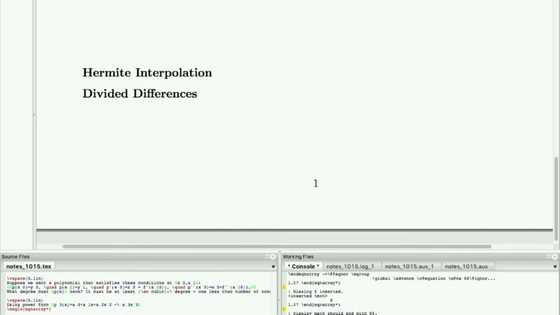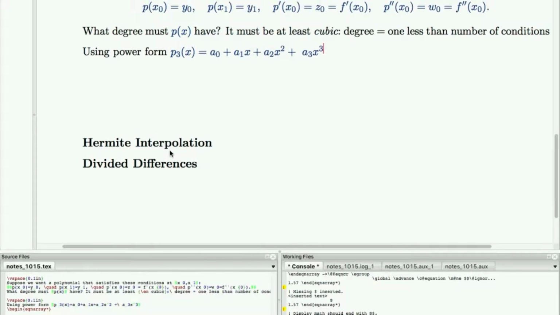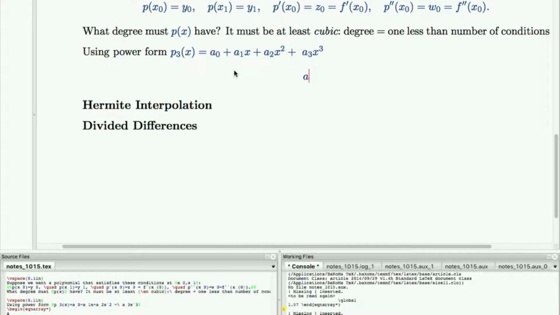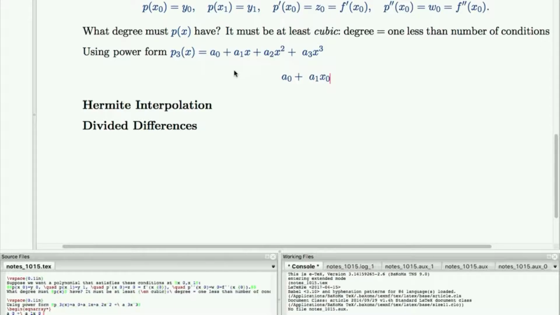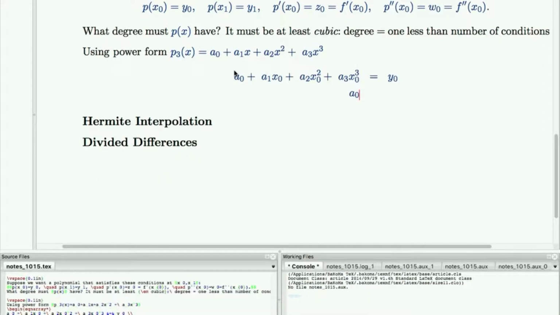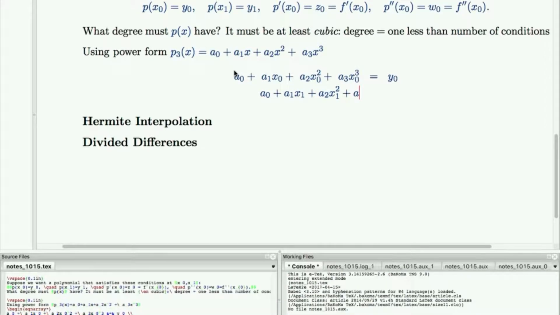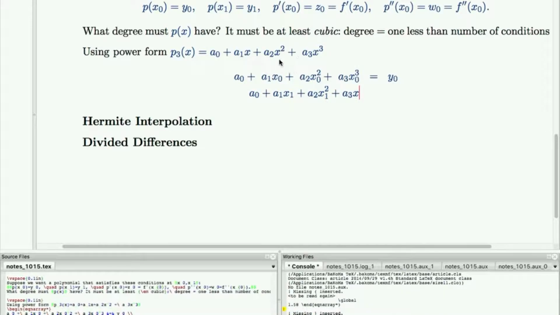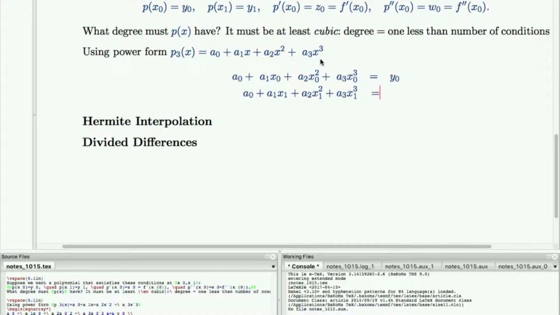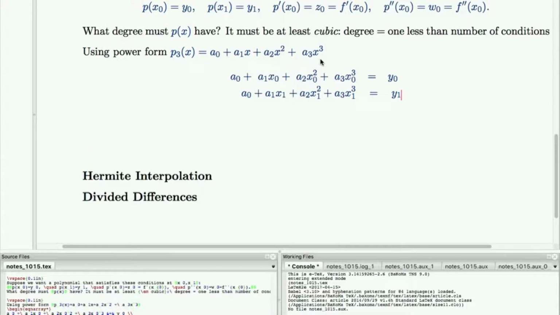So, if I plug in the 2 points that I have, a naught plus a1 x naught plus a2 x naught squared plus a3 x naught cubed must equal y naught. So that's the first condition. Second condition, same thing, but x1, equals y1. I'm just plugging in each x value into this polynomial. But now, what I deal with is the derivative of this.